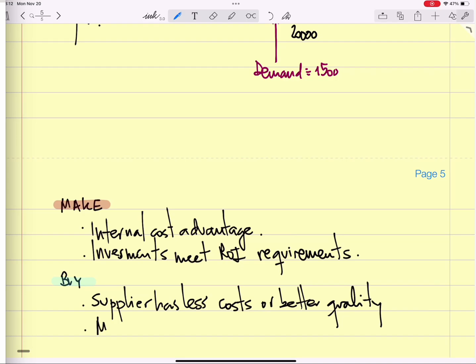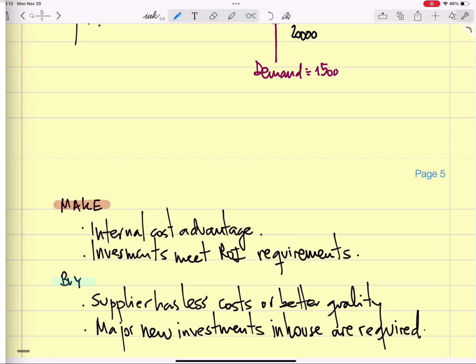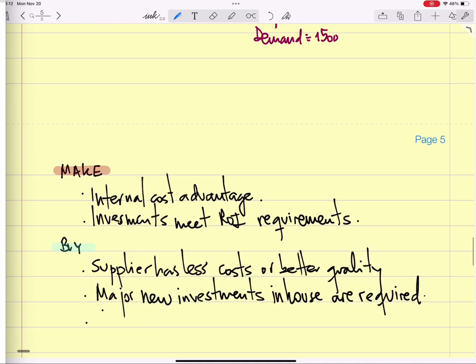And major new investments in-house are required. Or the supplier has a lower ROI target.